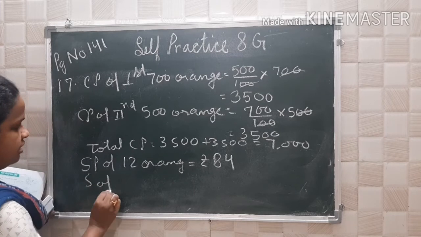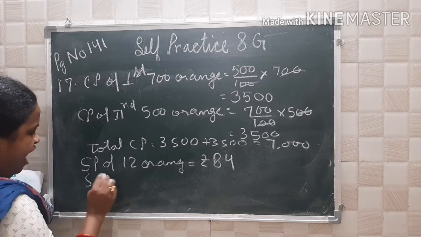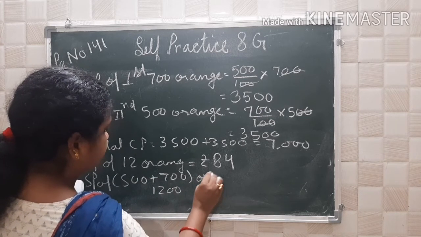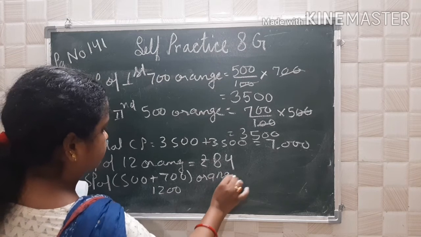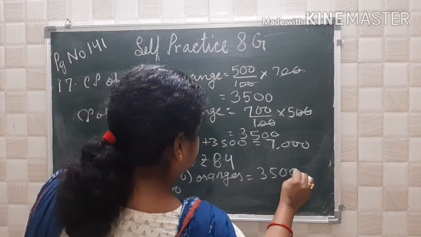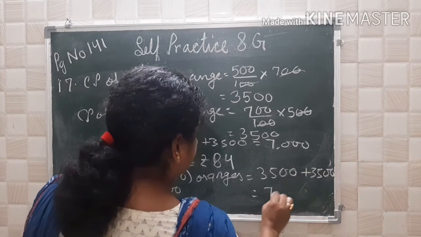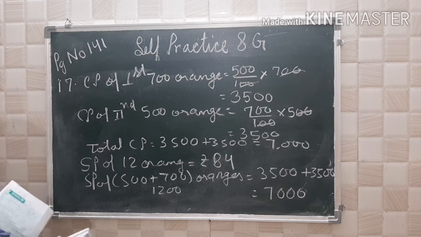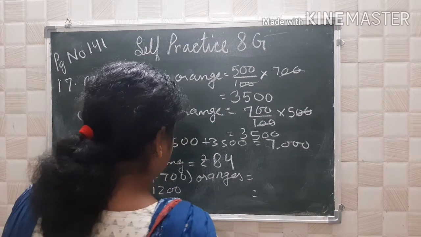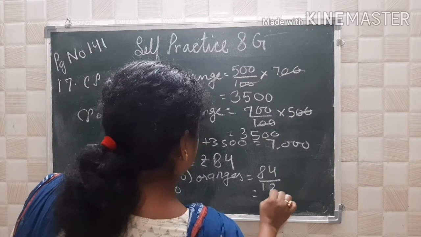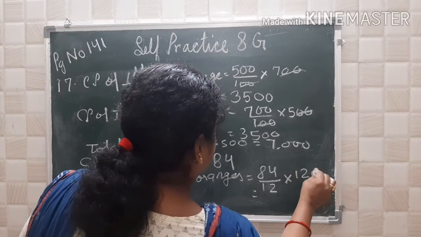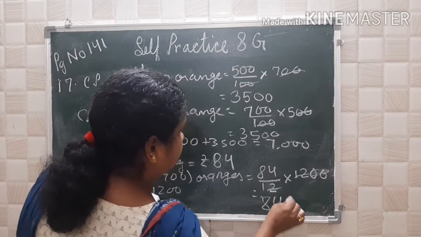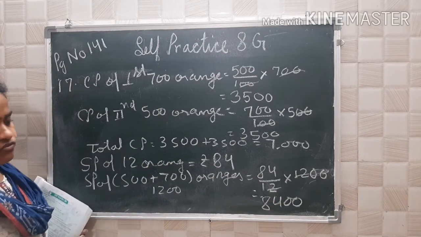SP of 700 plus 500, that is 1200 oranges, so 84 upon 12 into 1200, that is equal to 8400. Okay, SP of 1200 oranges will be 8400.